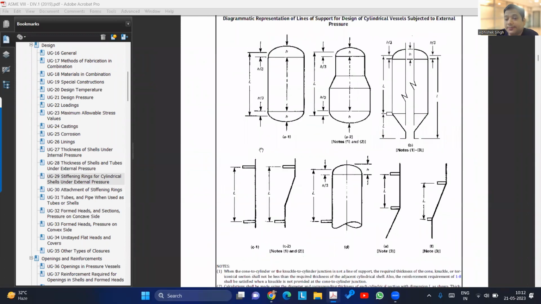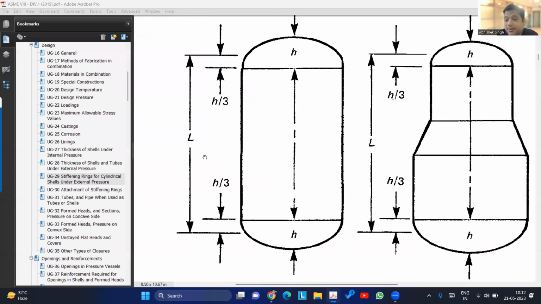If you see this figure, this is my L for a vessel which does not have a single stiffening ring.